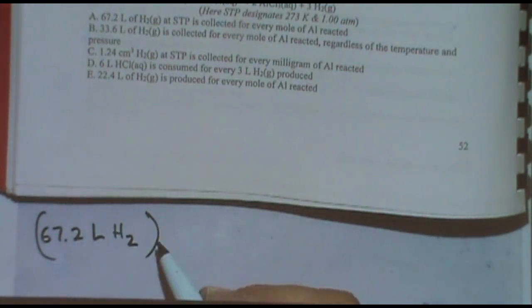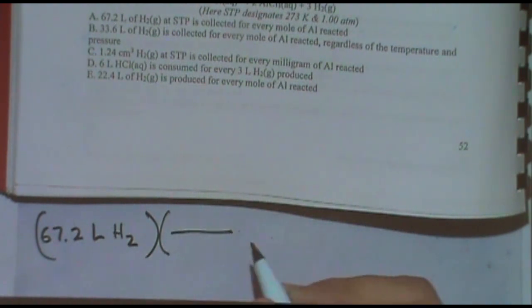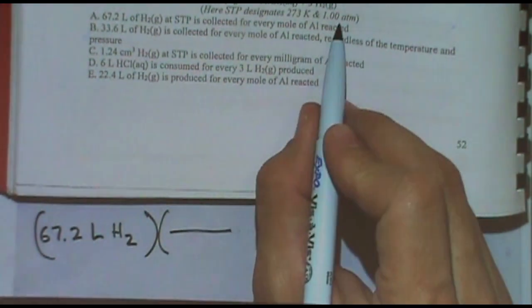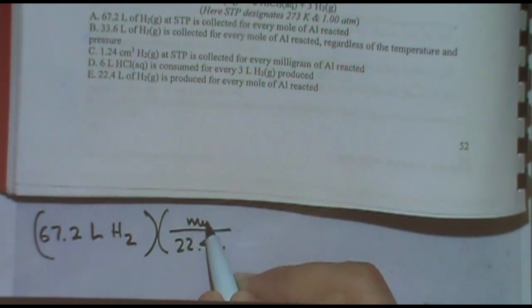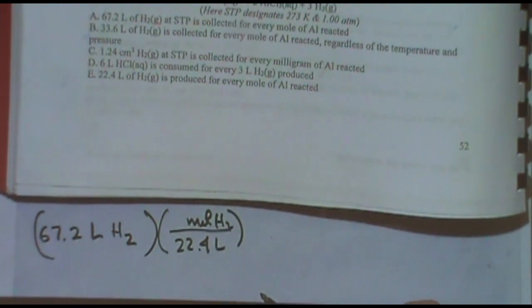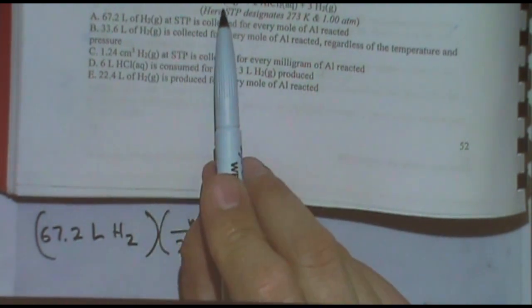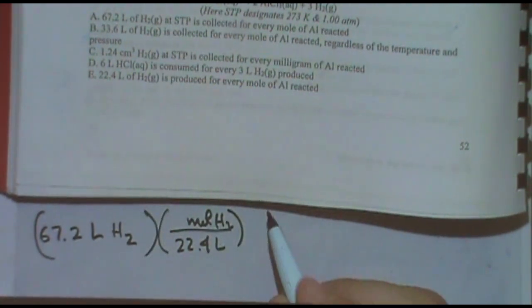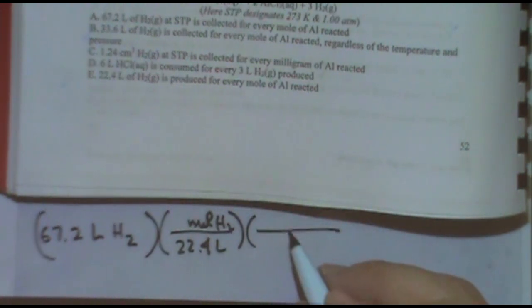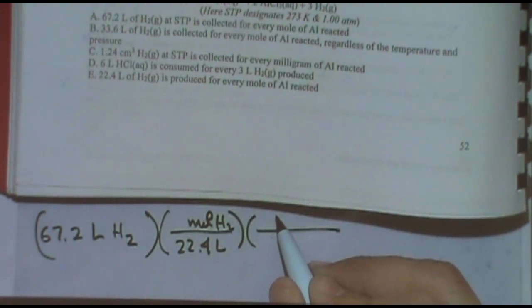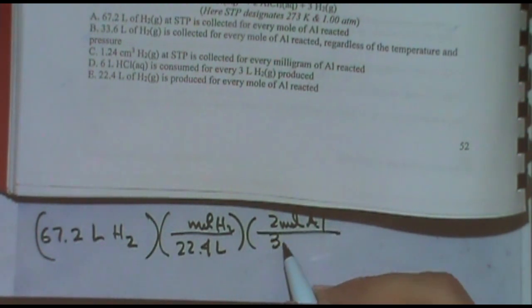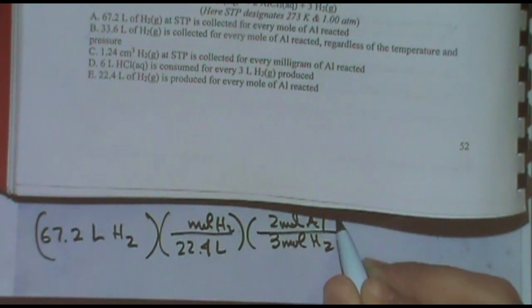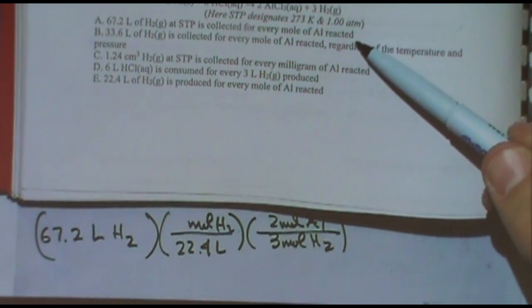So what I'm going to do, this is stoichiometry using the law of combining volumes. So what I'll do here, it's 1 atmosphere, so I'm going to do 22.4 liters per mole. That gives me moles of H2. Now let's double check. This looks balanced. I'm going to trust those numbers for a moment. And I'm going to say, I want to go to aluminum, so 2 moles of aluminum for every 3 moles of H2. If I don't get 1, then A is wrong.